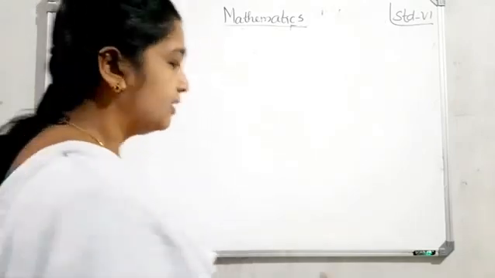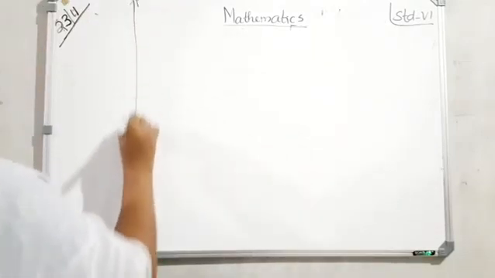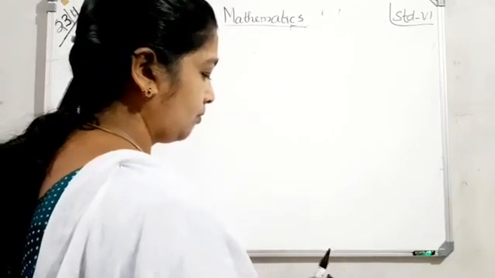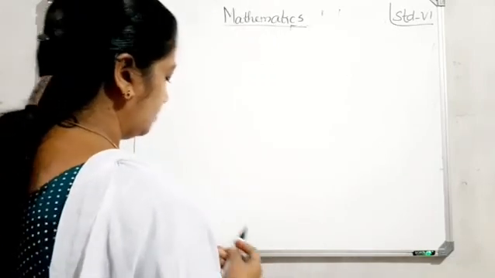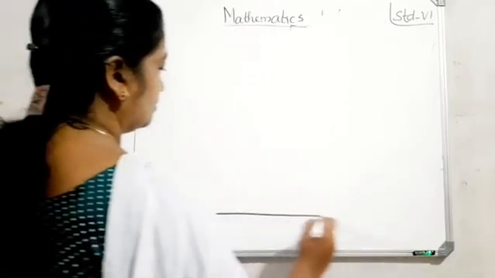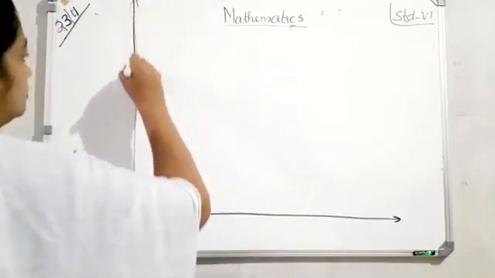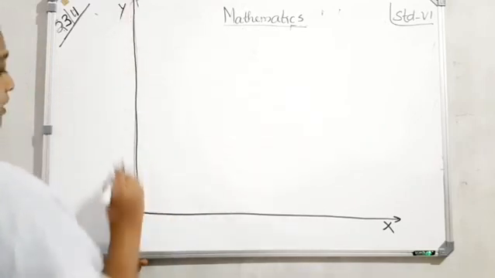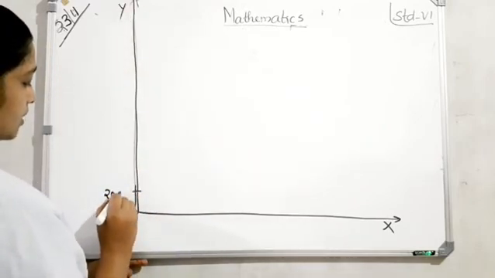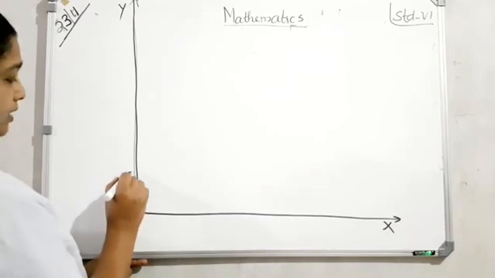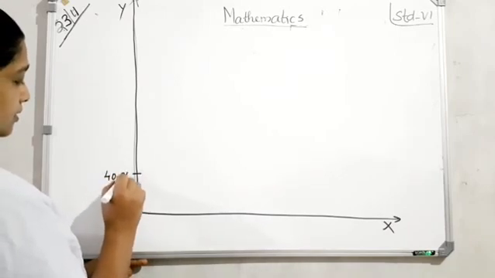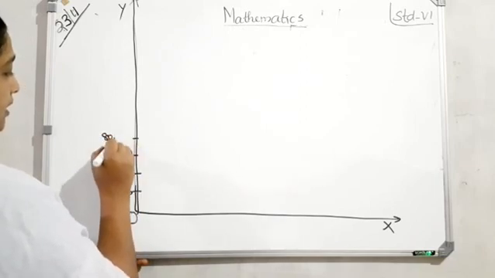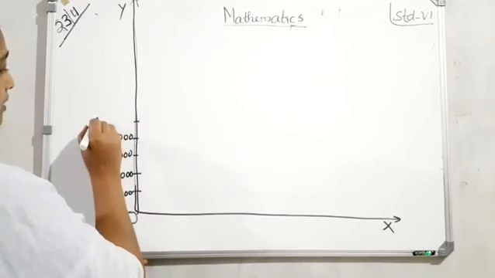Yes, we can start. First 20,000. Next number 40,000. Next 60,000. Next 80,000.